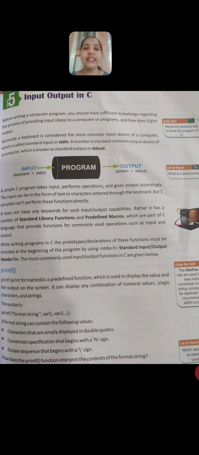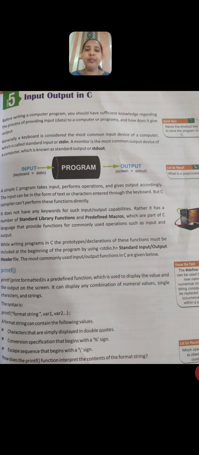The result obtained after the execution of an input, that we call an output. Whatever data we type through the keyboard is input, and once we have typed the input we will get the output on the screen. The result we obtain on the screen is the output.